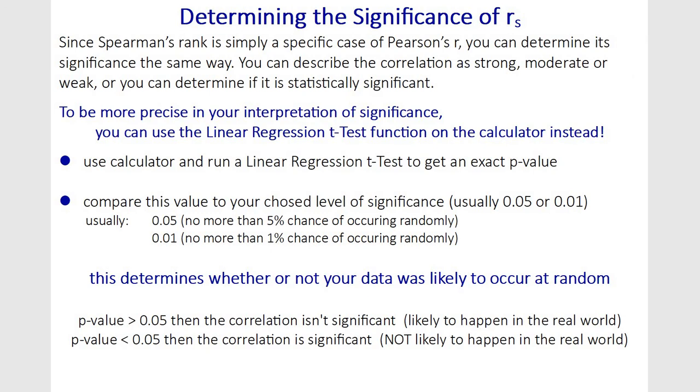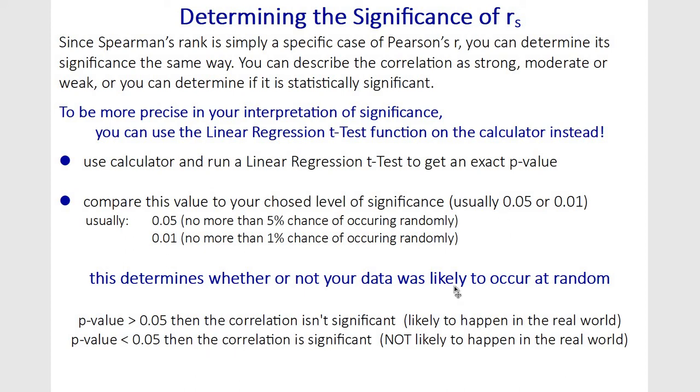Now we want to determine the significance of the Spearman correlation coefficient. It's very similar to the Pearson's correlation. You can describe it the same way as strong, moderate, weak, all of those things. You again run the LinRegTTest to get an exact p-value, and then you compare that to your level of significance, usually 0.05 or 0.01.